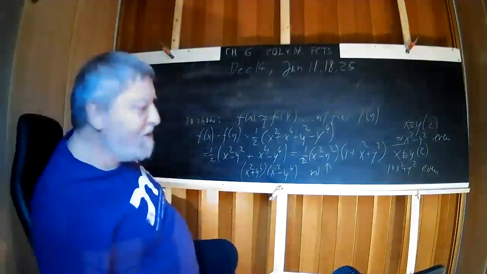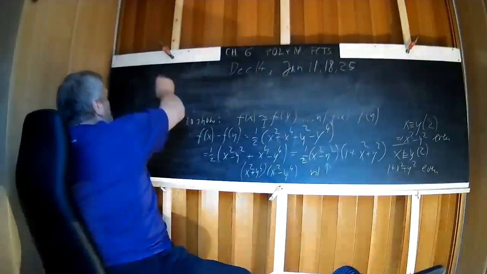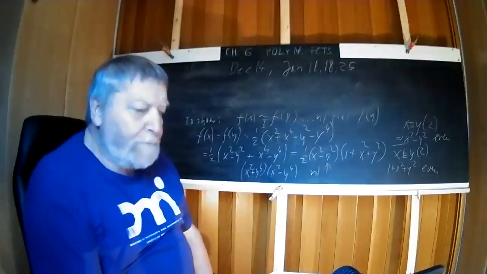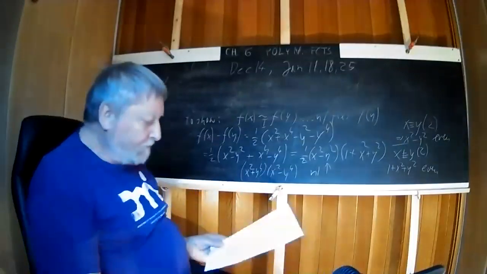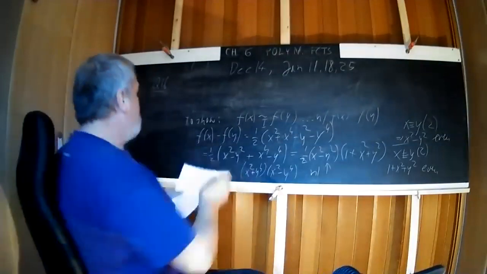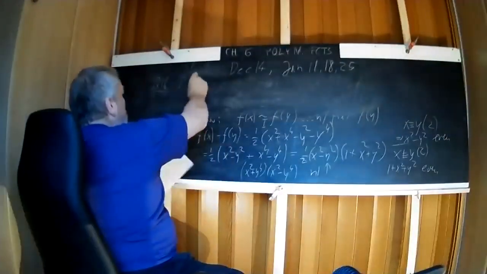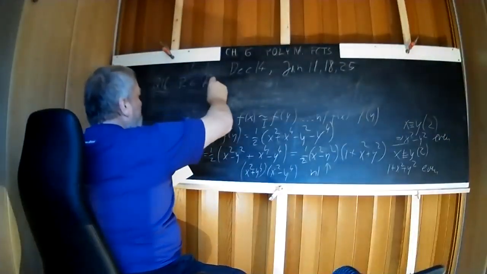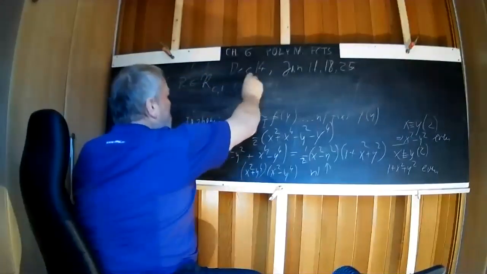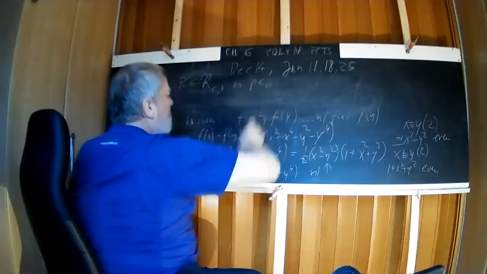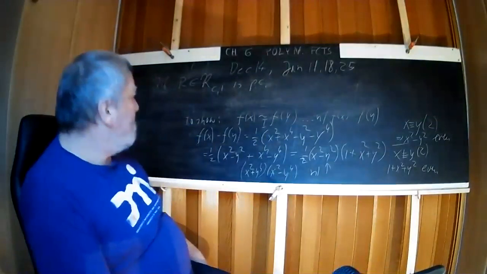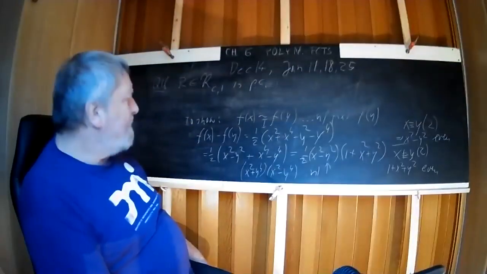So question 16 asks the following question. If a ring R in the variety of commutative rings with identity is polynomially complete, then we want to show that it's a finite field, but that's easy.